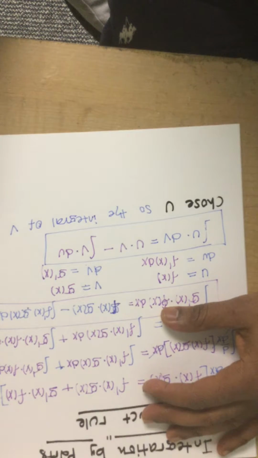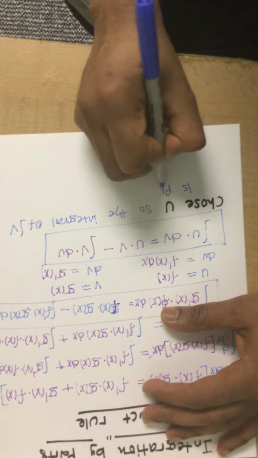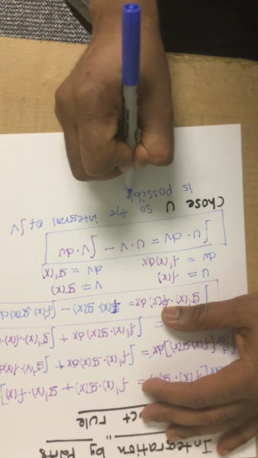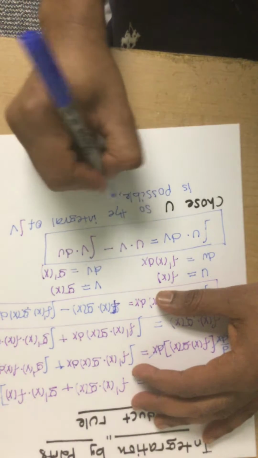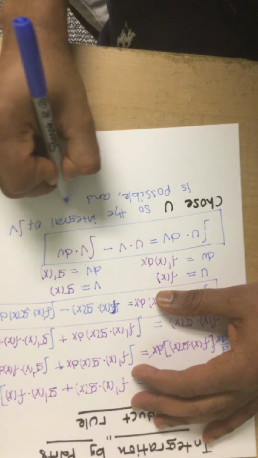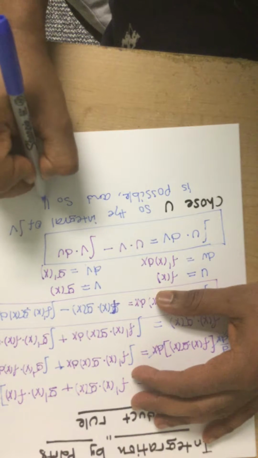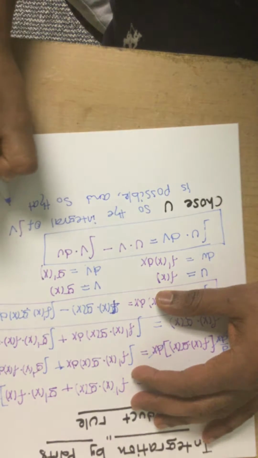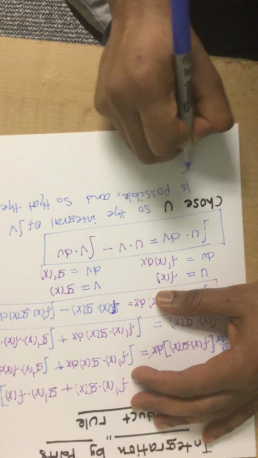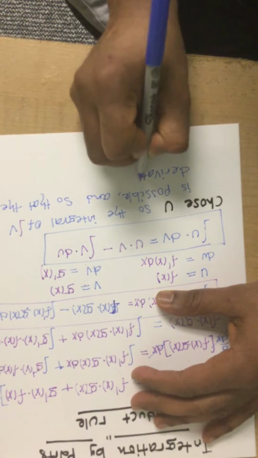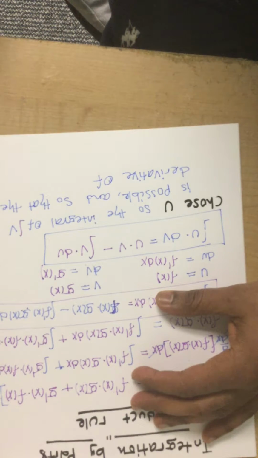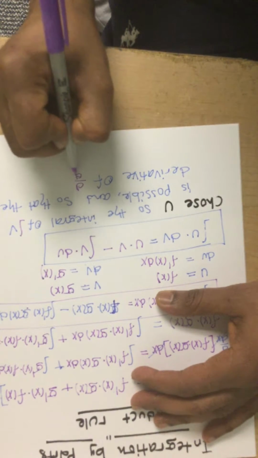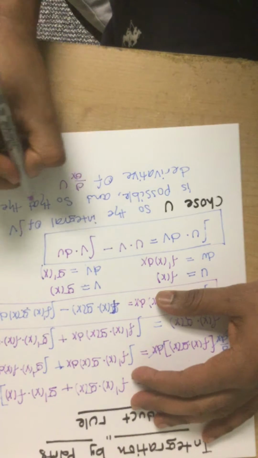V is and so that the derivative of u is better.